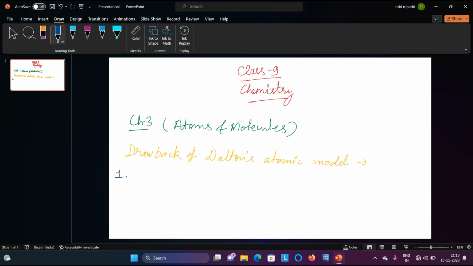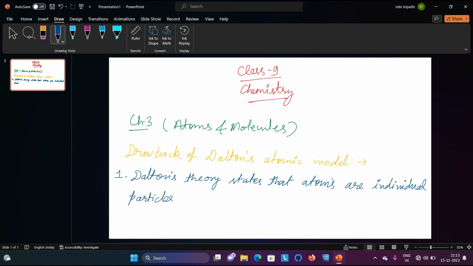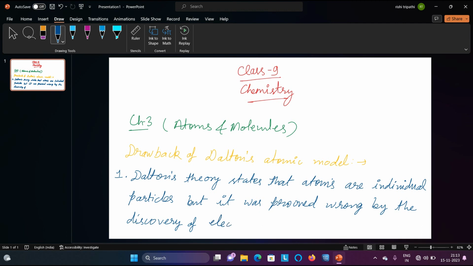So the first drawback is that Dalton's theory states that atoms are individual particles, but it was proved wrong by the discovery of electron, proton, and neutron.